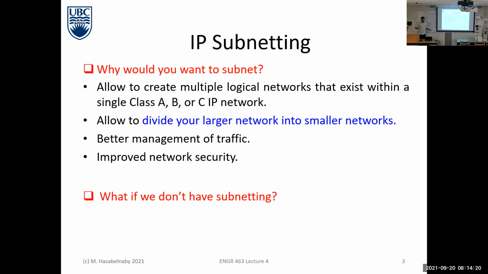Is this good for the security of the network? For example, if you are designing a communication network, or here at the campus, we have the financial department, HR department, accounting department, engineering department.